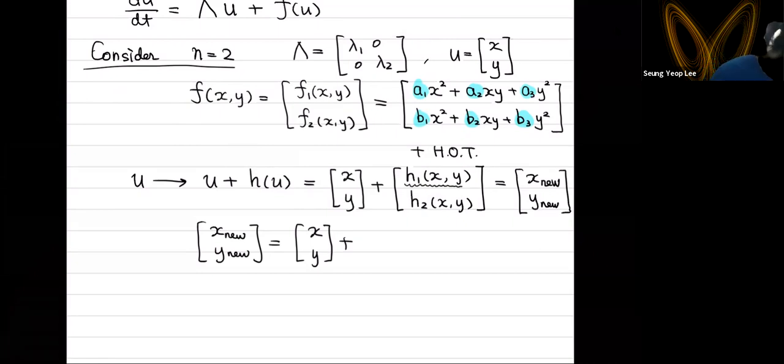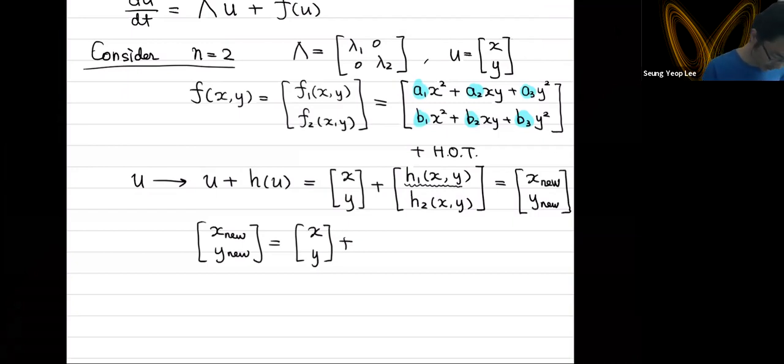Just a second. I think I have used the notation wrong. No, that's fine.